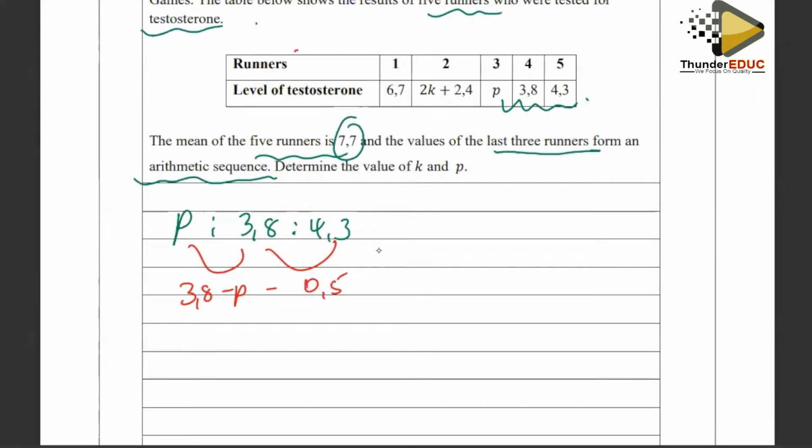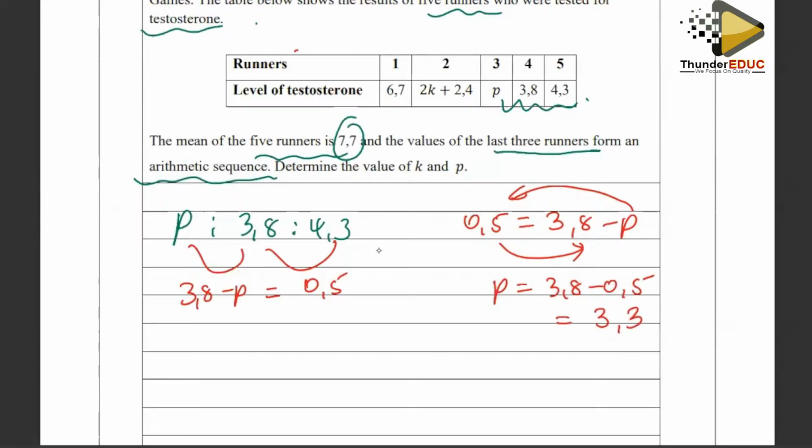So these two must be equated to each other: 0,5 is the same as 3,8 minus P. Let's transpose, meaning that P is going to be 3,8 minus 0,5, which gives me 3,3. That's our P value.